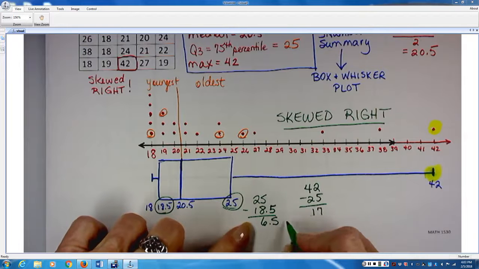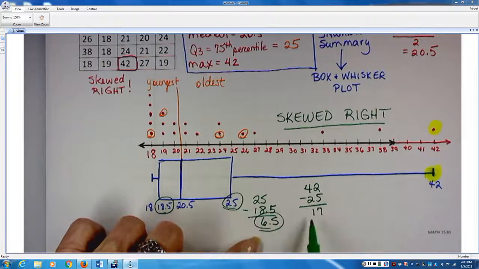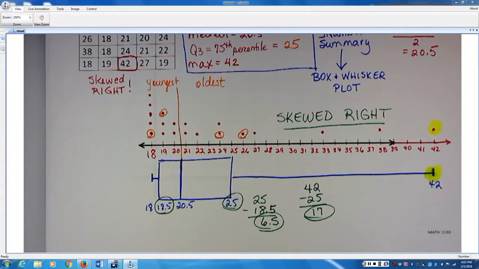So this is more than twice the value of the distance between my two quartiles. That tells me that whisker is like 2.5 times as long as the span for the middle 50%. Very much skewed right. Those are the kind of things that we want to be able to tell people.